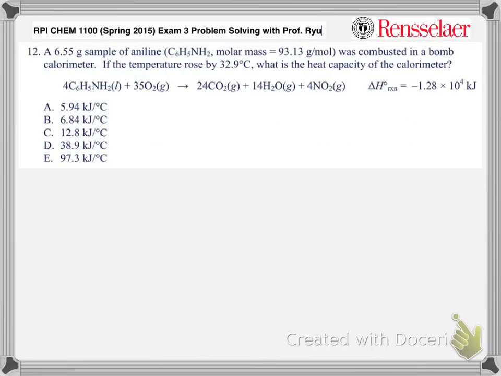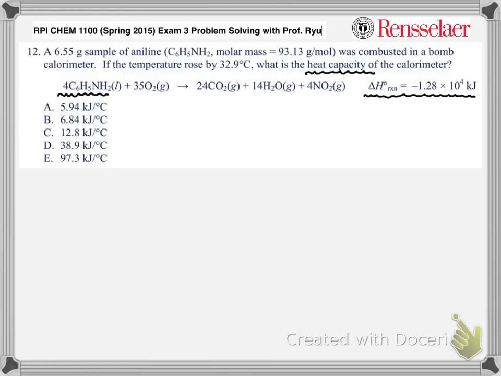Okay, so the last question is calculating the heat capacity of the calorimeter, and a reaction was given. The key point of this question is the meaning of this: the heat of reaction is based on how you write the reaction.